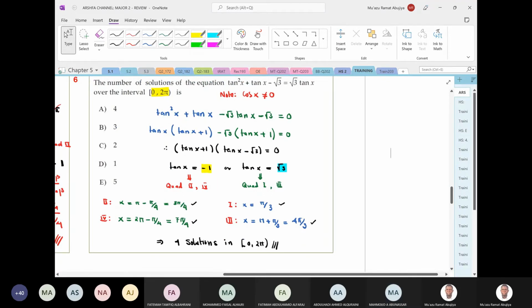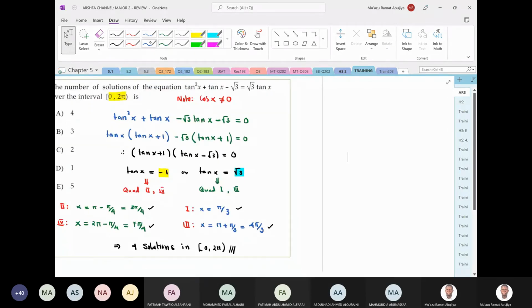Now, when we have to check our answer: if you have tangent or cotangent, or secant or cosecant, any of them that is having a rational expression, for example, tangent is equal to sine over cosine, so cosine cannot be equal to 0. If cosine is equal to 0, then that solution has to be rejected.